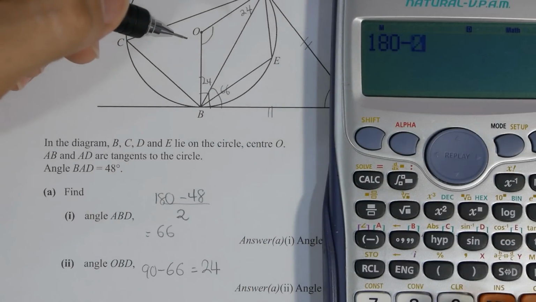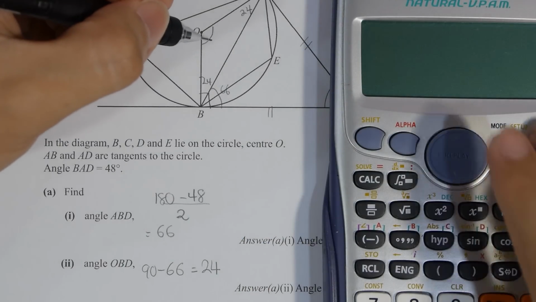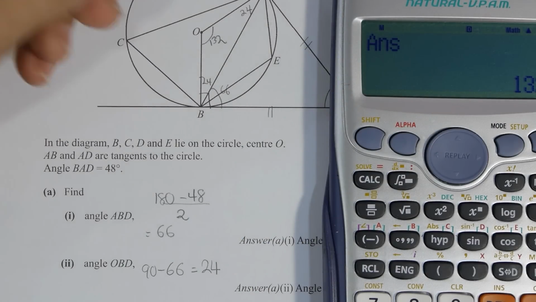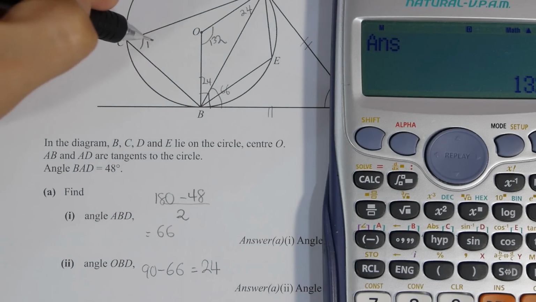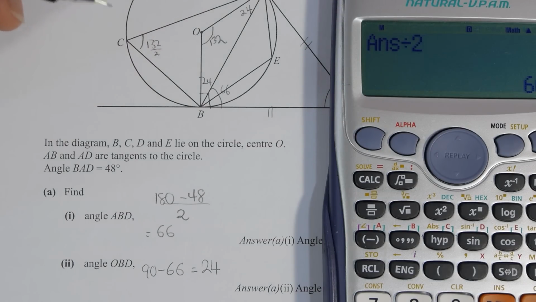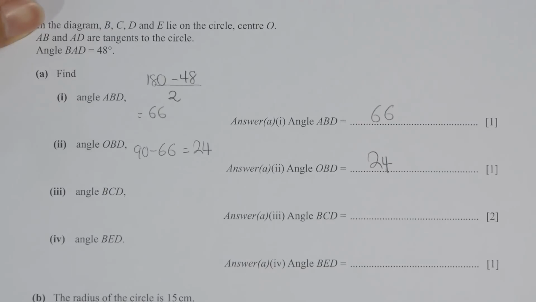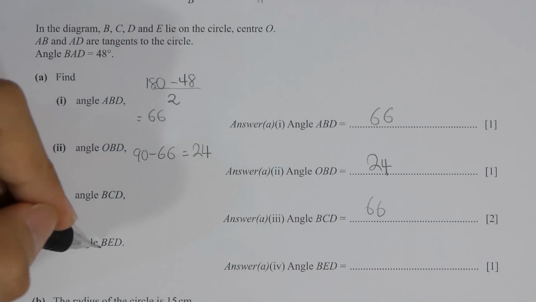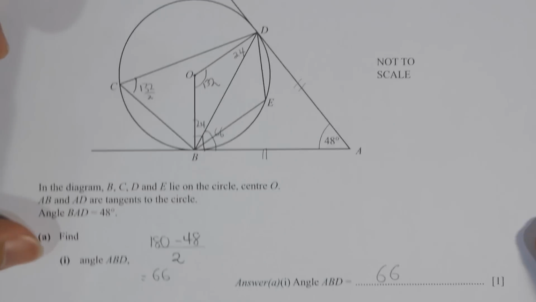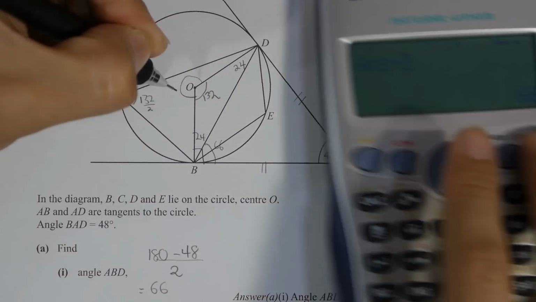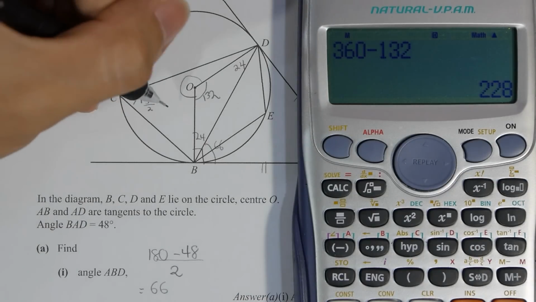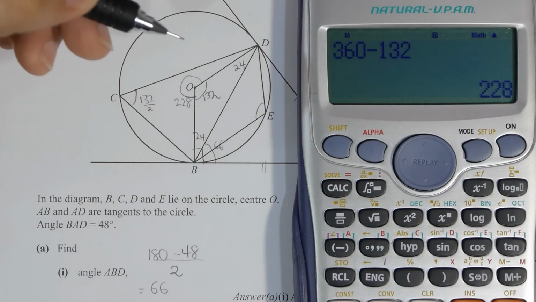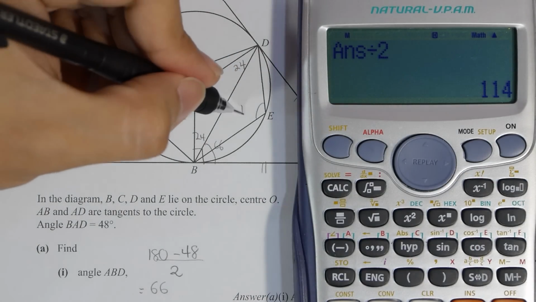To identify angle BCD, you need to know that the sides OB and OD are the same, hence ODB is also 24, and it makes the minor sector value 132. Angle BCD is half of 132, hence it is 66 as well.